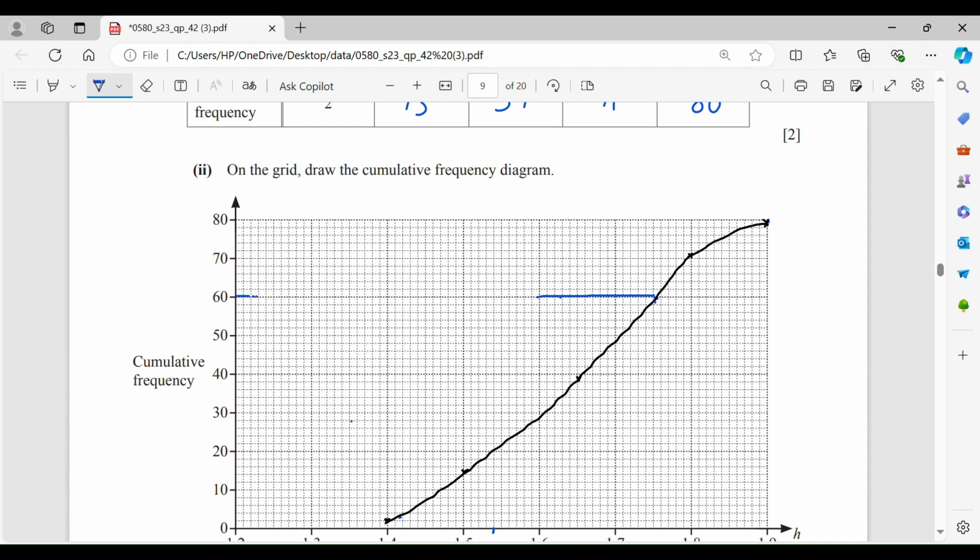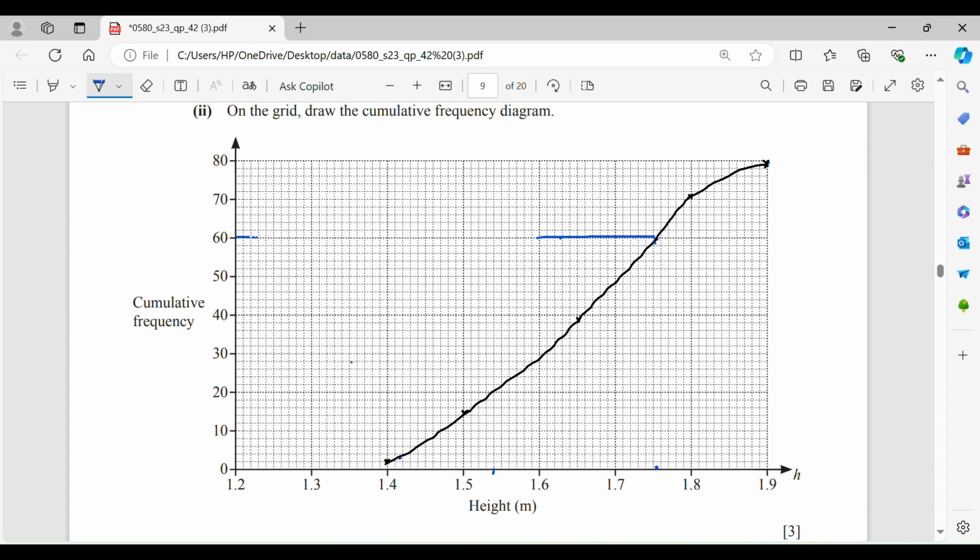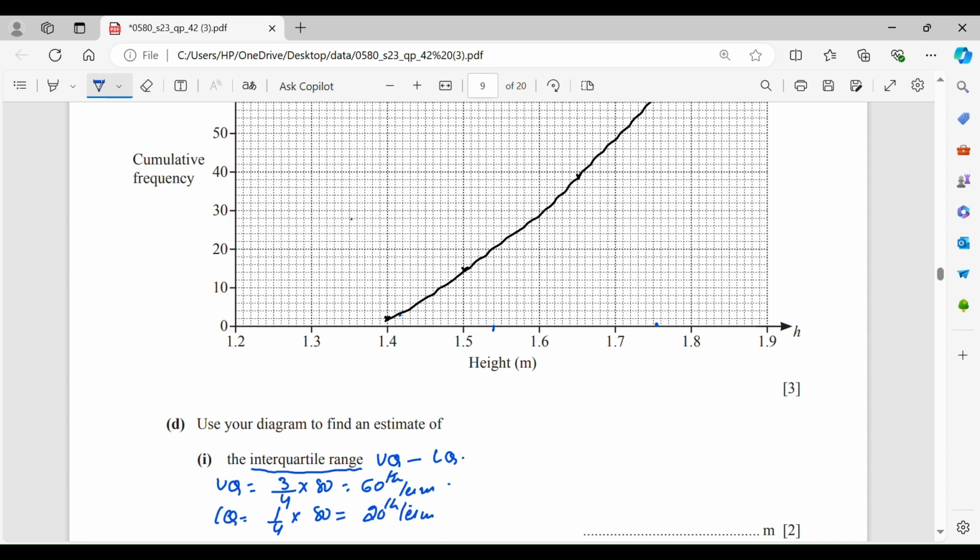On this, it is this line. This one. So it will be 1.7, I think it is 5. 1 2 3 4 5, 1.75. So the upper quartile will be 1.75.